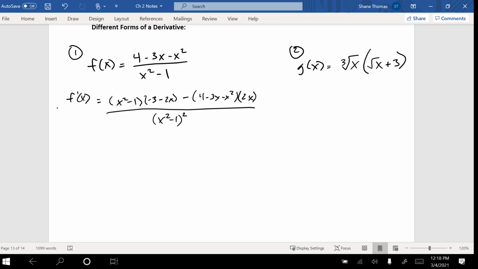So if anything, we probably made mistakes after this. It's just simplifying stuff, right? All right, so we have to FOIL the first one, distribute the second one. So I FOIL the first one. Looks like I get negative 3x squared minus 2x cubed plus 3 and plus 2x.